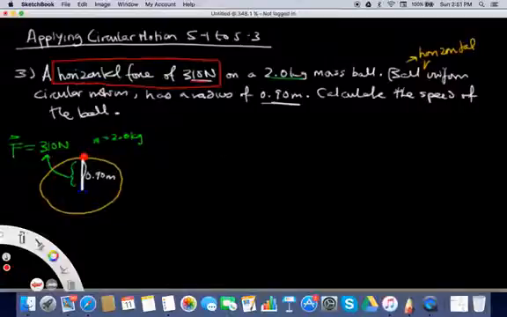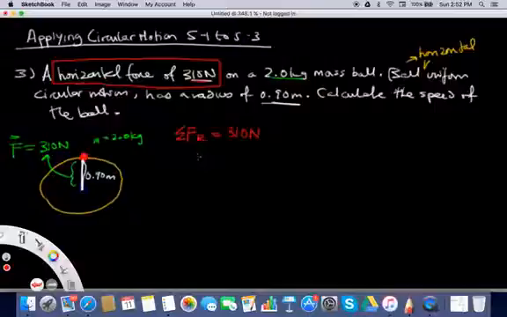So we can say that the summation of all the forces, or F net, equals 310 newtons. Our net force acting on this ball is 310 newtons, because that's the horizontal force acting on the ball, and in circular motion, with the basic characteristics we know, that will be our net force.